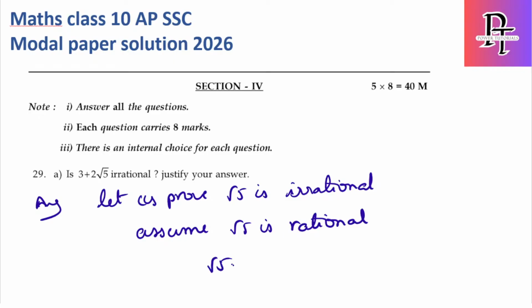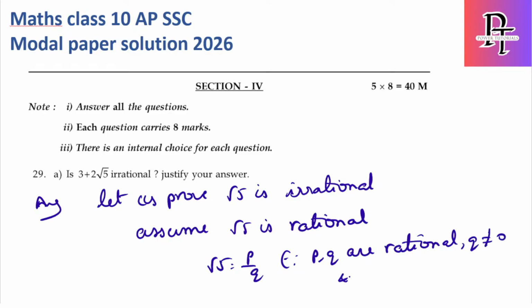So root 5 can be written in the form of p by q, where p comma q belong to R, p and q are rational numbers, q not equal to 0, and this condition is important: p and q are co-primes. Co-primes are the ones which do not have any common factor.